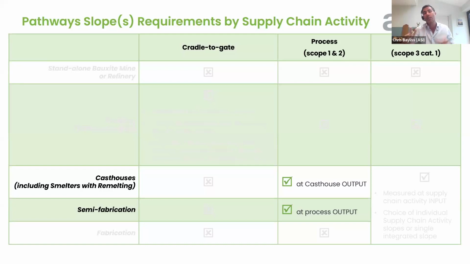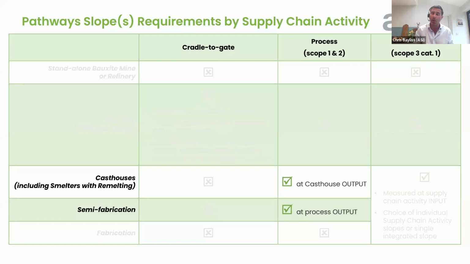The second slope is a procurement slope. It's the intensity of the metal coming into the system. In that sense, it's a Scope 3 Category 1 number. That's a product value that has come into you with your corporate accounting approach. So it's the Scope 3 Category 1 of the input value, not the output.